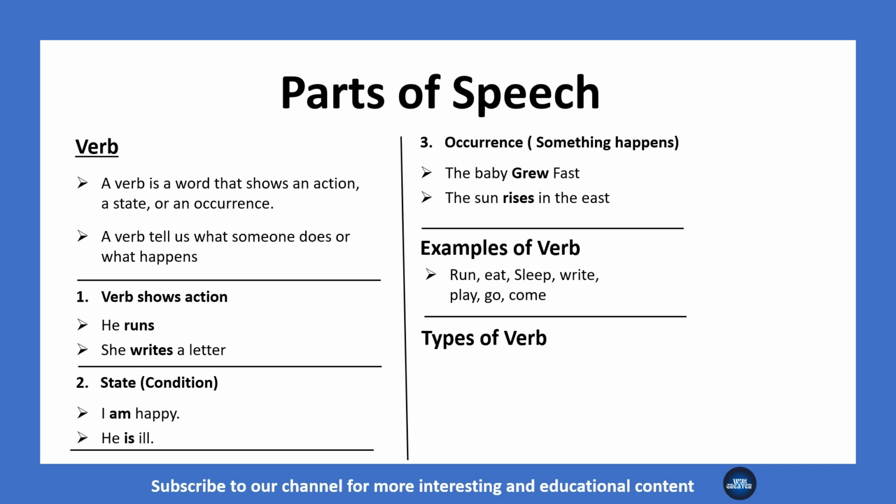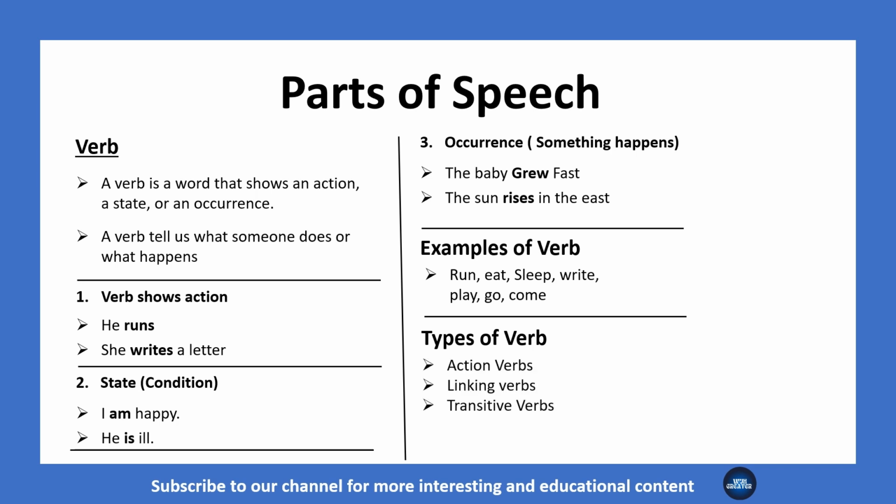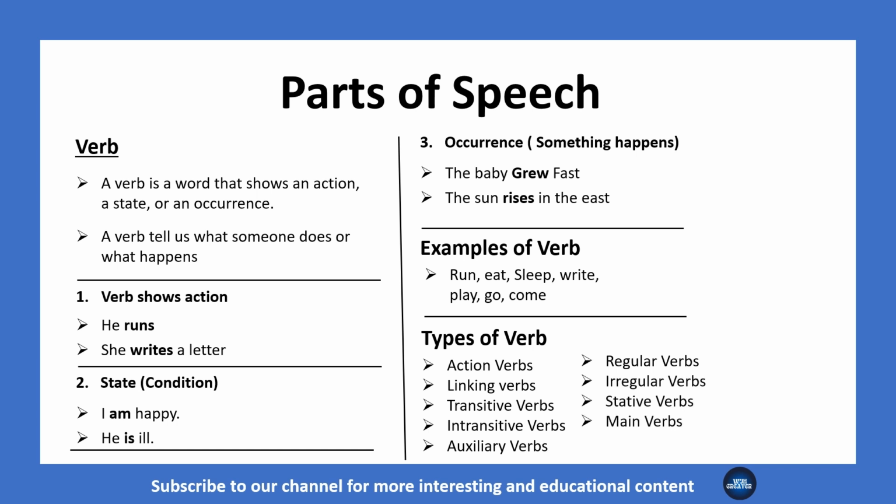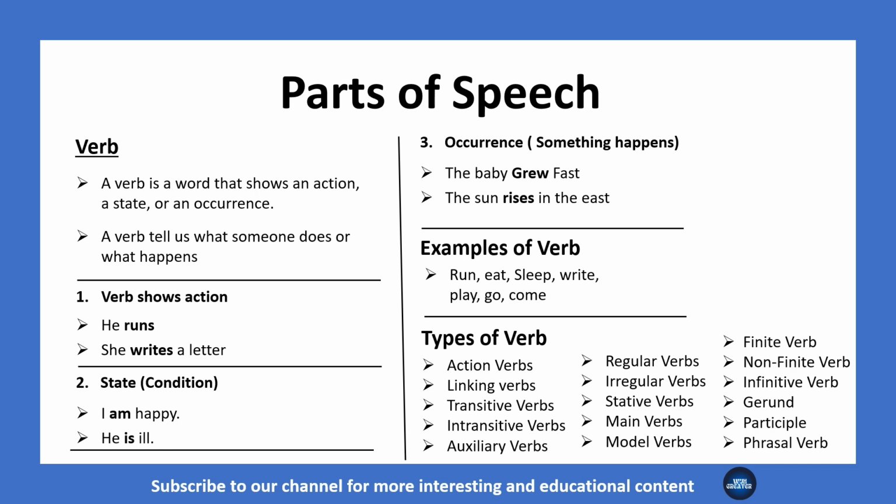In our upcoming video, we will explain each type in detail with proper examples. Here we have action verbs, linking verbs, transitive verbs, intransitive verbs, auxiliary verbs, regular verbs, irregular verbs, stative verbs, main verbs, modal verbs, finite verb, non-finite verb, infinitive verb, gerund, participle, phrasal verb.